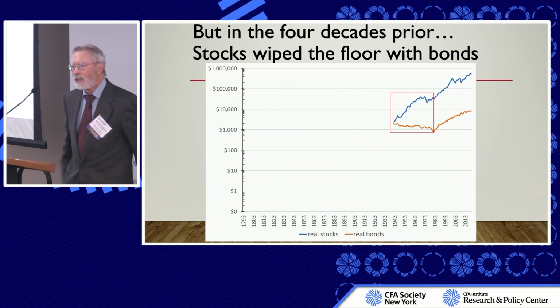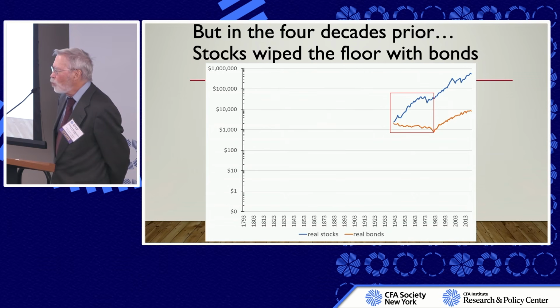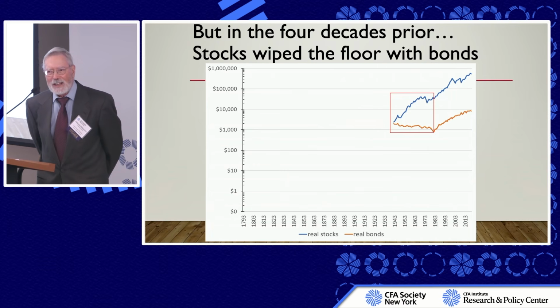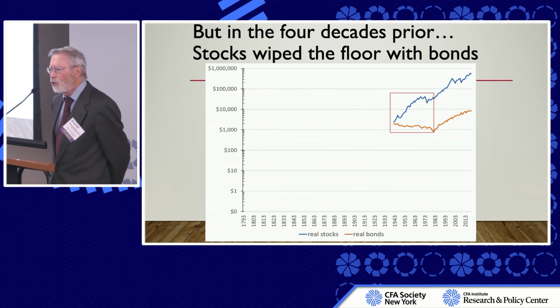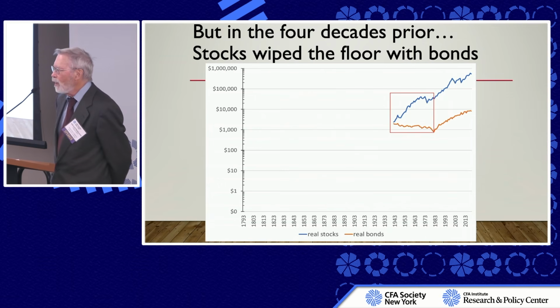But go back to the previous 40 years. Stocks wipe the floor with bonds. Remember, that's a log scale vertically. That is a 34x wealth advantage, most of it in the 20 years immediately after World War II.